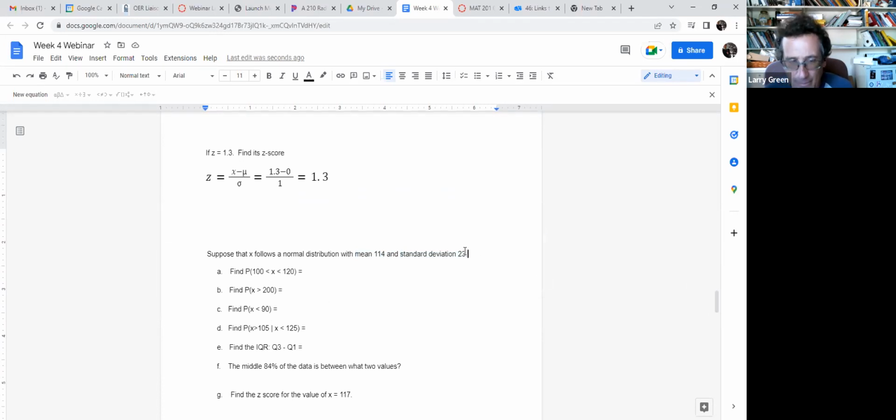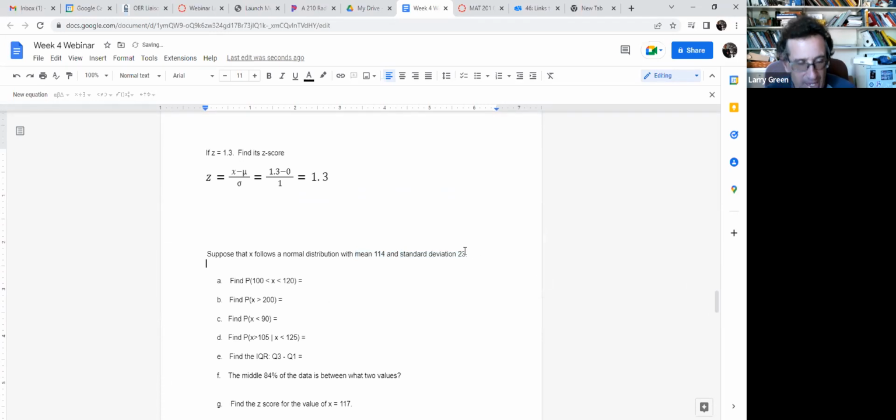The way we write that is x tilde N(114, 23), in parentheses. That's the symbols for saying that x has a normal distribution with mean 114 and standard deviation 23. Any questions on that notation?